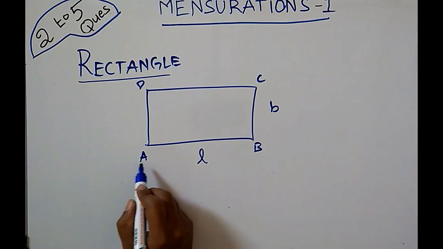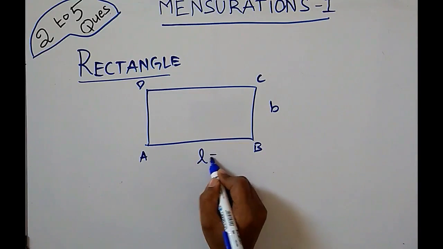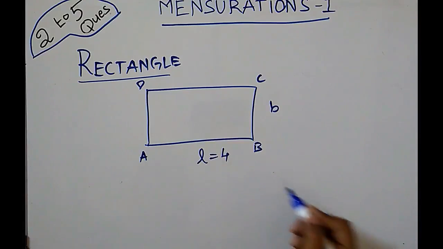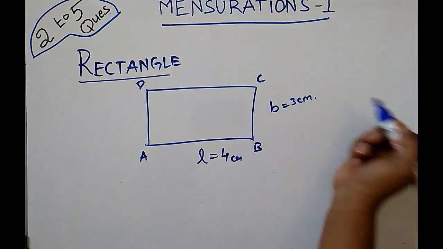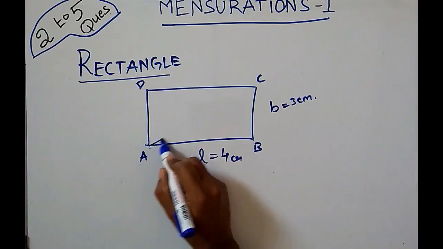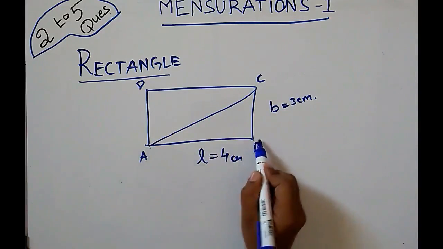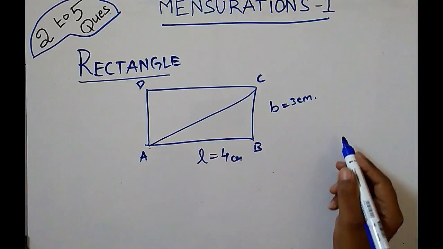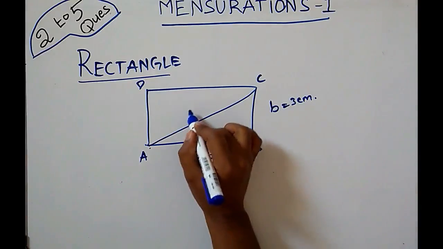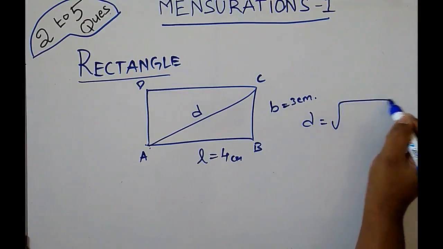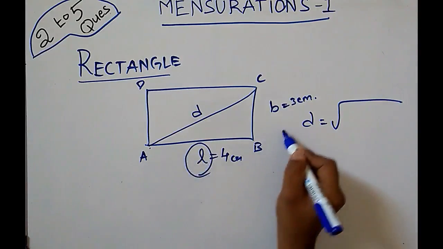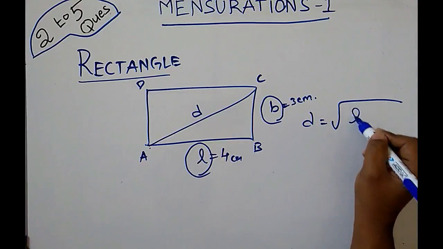If this rectangle ABCD is formed with a length of 4 centimeters and breadth 3 centimeters, then what is the length of the diagonal? This forms a right angle triangle, so by the hypotenuse theorem, the diagonal D equals root of L square plus B square.